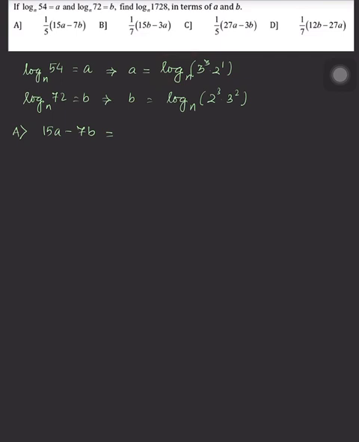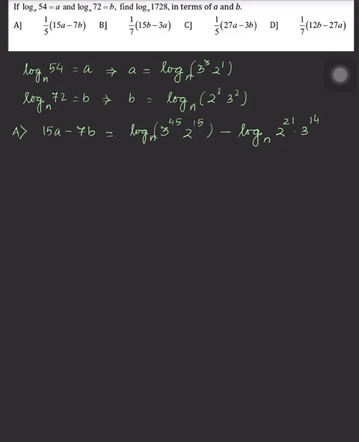So 15a makes it log base n of 3 to the power 45 into 2 to the power 15, minus log base n of 7b. When you put a 7 there, it becomes 2 to the power 21 into 3 to the power 14.